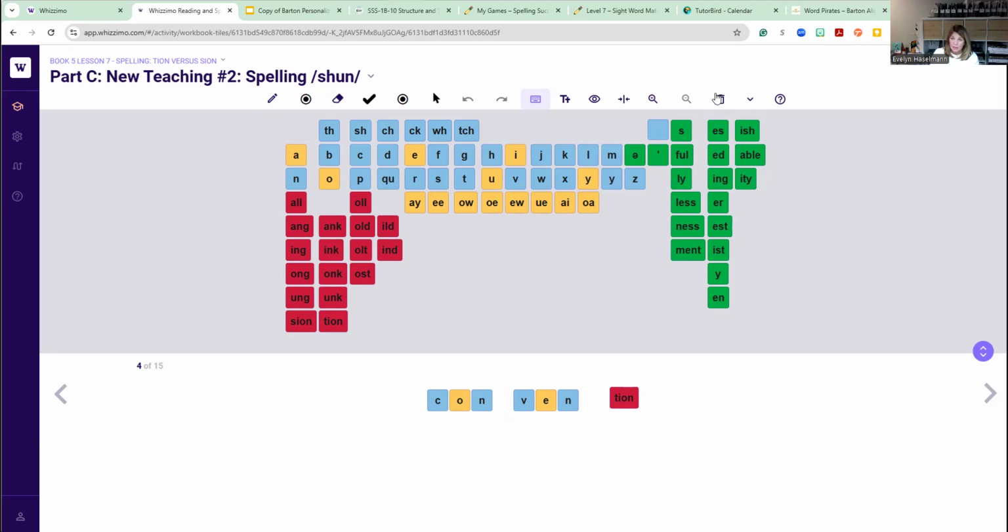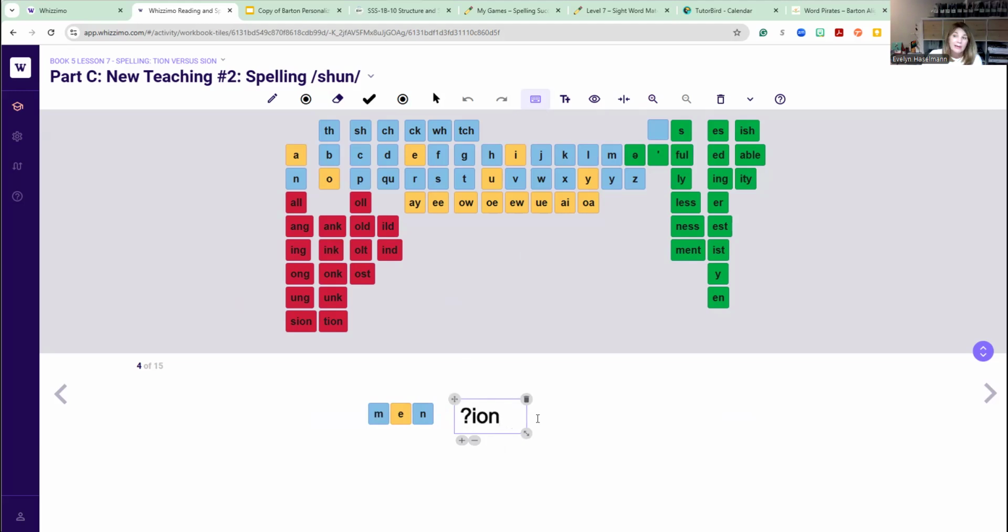Okay, so the way that we would look them up is let's do the word mention. Mention. Okay, they're going to spell their first syllable men. And now we don't know. So what I would have them do is look up if they have a spell checker. If they have their Franklin spell checker, this is going to be how they're going to look it up. MEN, question mark, ION.